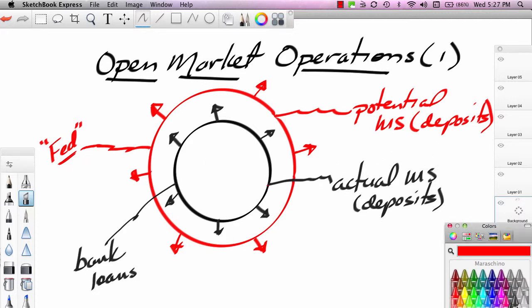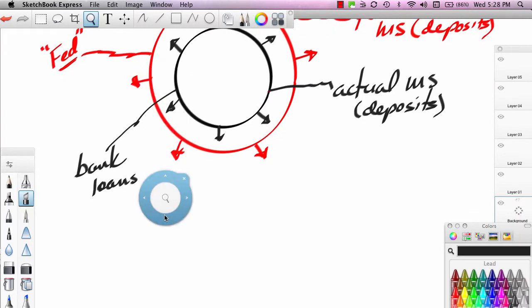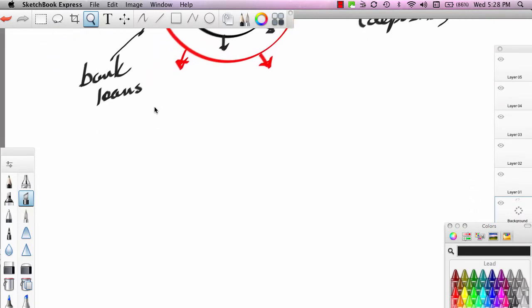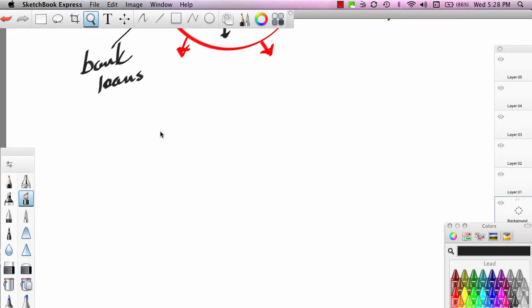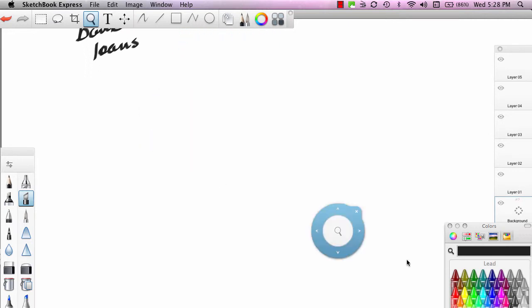Now, before we go any further with this, let's go back and take a look at the calculation for the potential money supply, because if we see how it is calculated, we can better understand how it can be manipulated. Remember, back in one of our earlier lessons, we calculated this aggregate called the potential money supply.